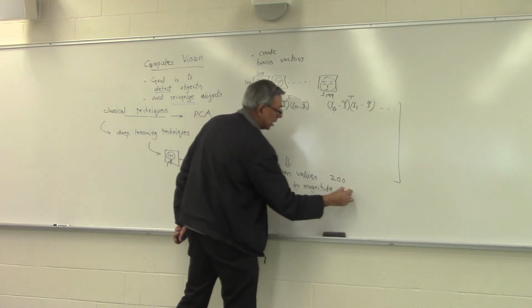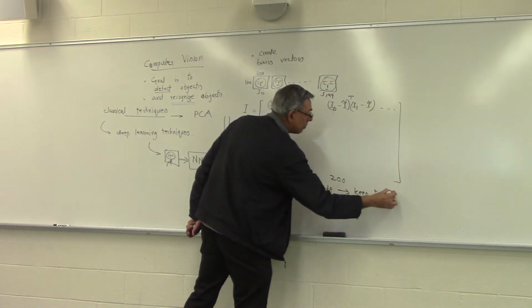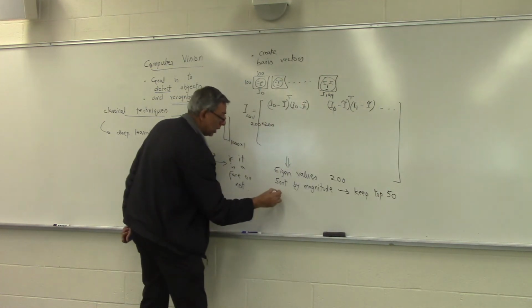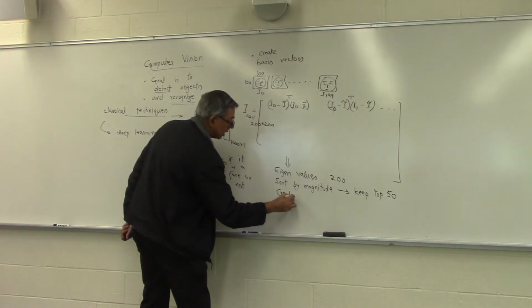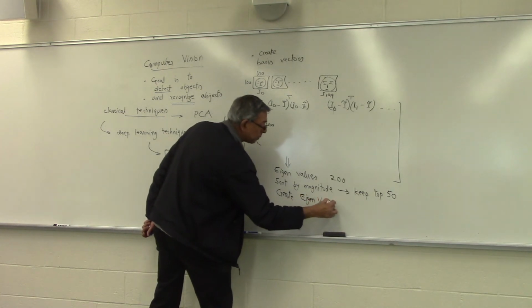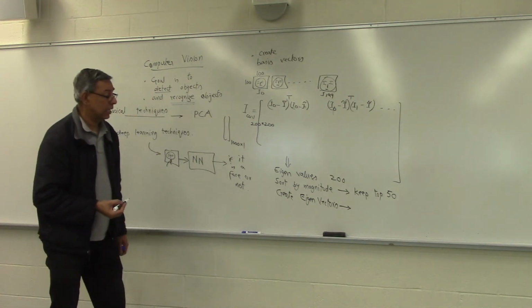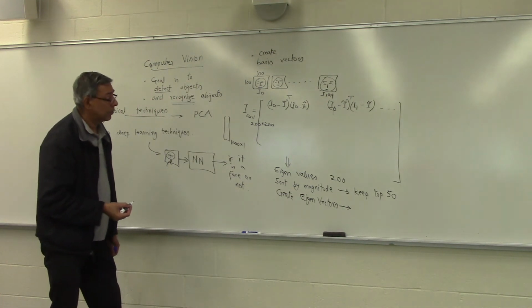Okay, and let's say keep top 50 as an example, or top 30, whatever, right? We create eigenvectors corresponding to the top 50 as an example, right?